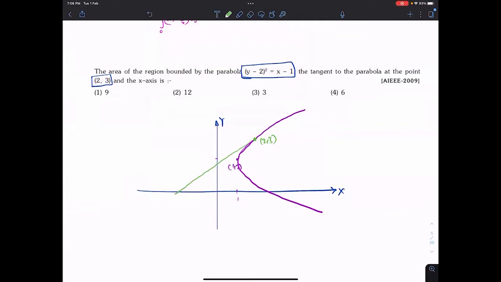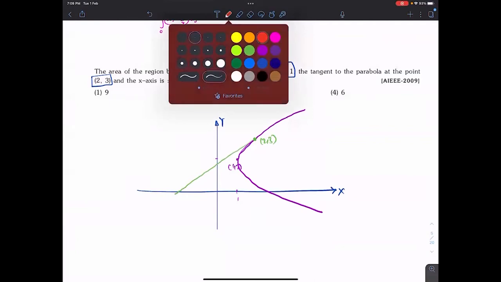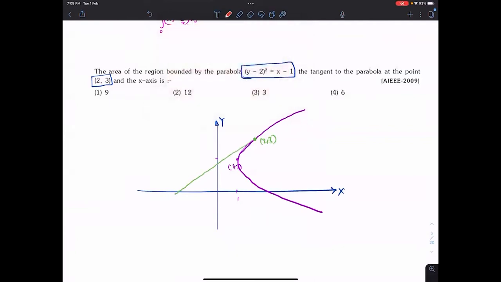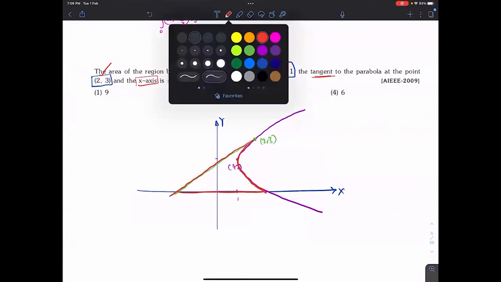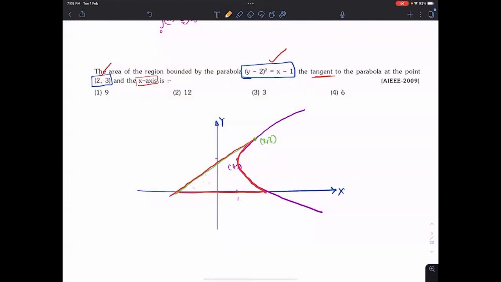Now the area bounded by this parabola, the tangent drawn at 2, 3 and the x-axis. Together it will be like this. Now we need the area of this part.